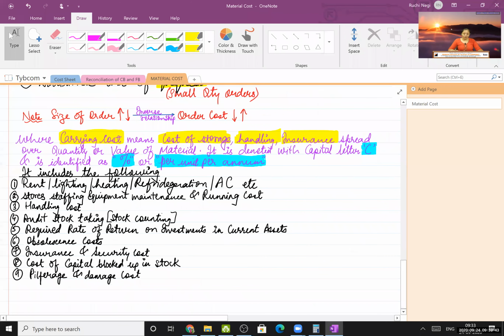Tell me, size of the order and carrying cost will have a direct relationship or an inverse relationship? Answer it in the chat box. Size of the order, EOQ, and carrying cost will have which relationship? Direct or inverse? Inverse. Why, Shiva? Why inverse?